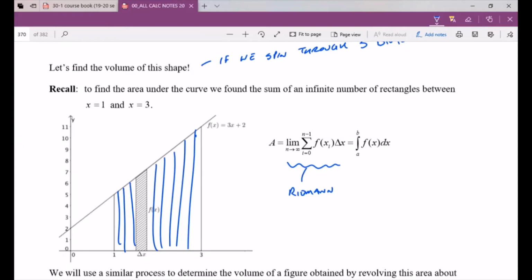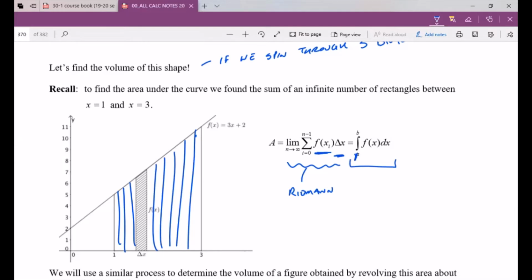We took infinitely many of these thin rectangular pieces and added up their areas. This was the height of those rectangles, this was the width of those rectangles. Our notation for this in calculus is the integral from a to b of f of x dx.